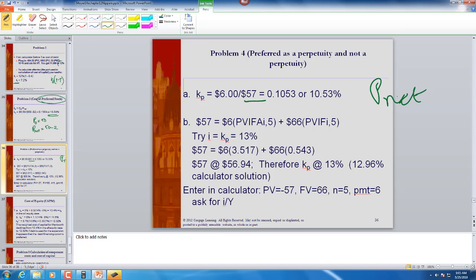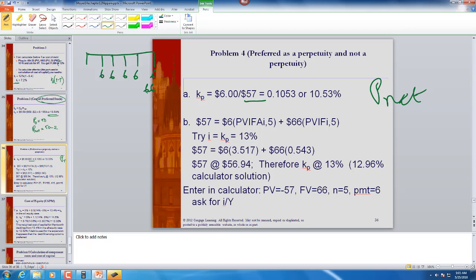Now, look at it. We are talking about 5 years. So basically, this will be the cash flows from this: 6, and 66. If they recall it in 5 years, this will be the cash flows from this.